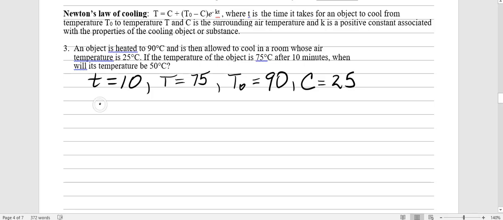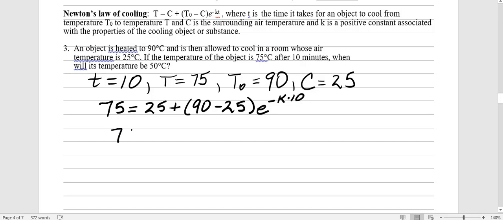So 75 equals 25 plus 90 minus 25, e to the minus k times 10. So 75 equals 25 plus 65 e to the minus 10k.